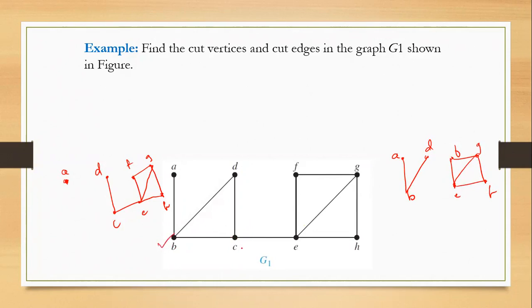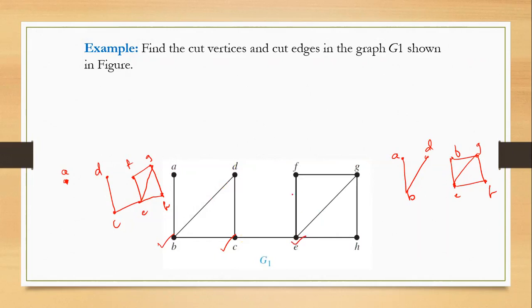So by now we know that B is a cut vertex, C is a cut vertex. But what about D? If I delete D from the graph, nothing will change. We will be removing these two edges, but the entire graph will still be connected. So D is not a cut vertex. Now what about E? If I remove E, similar to C, the graph will be divided, that is, disconnected.